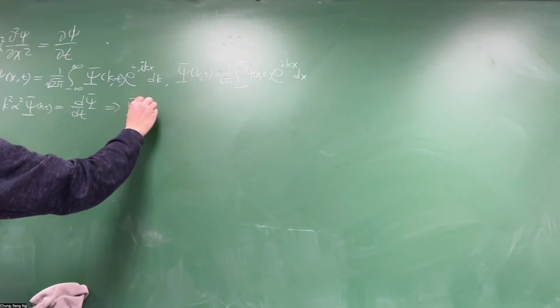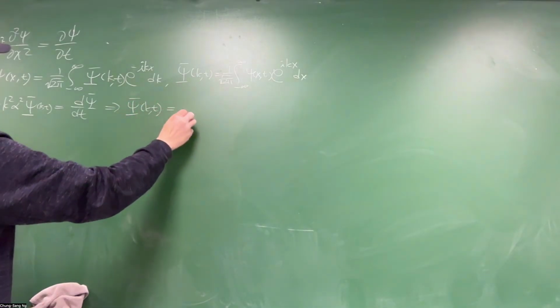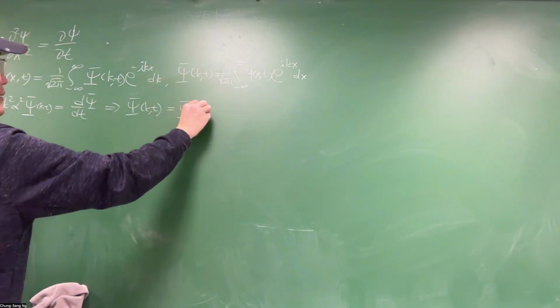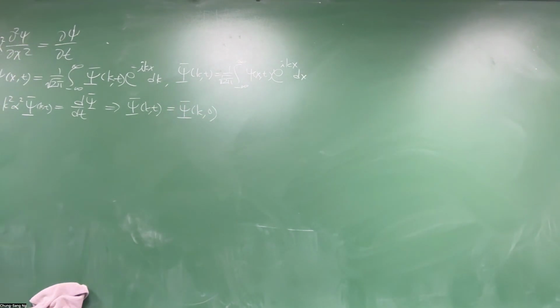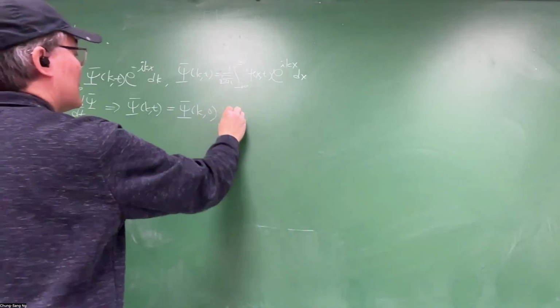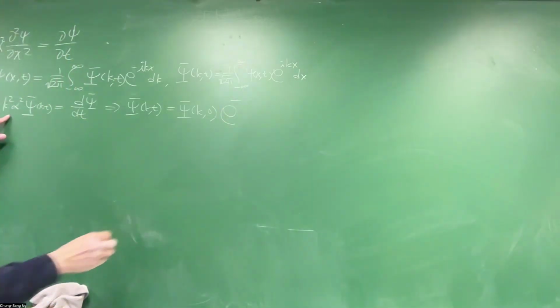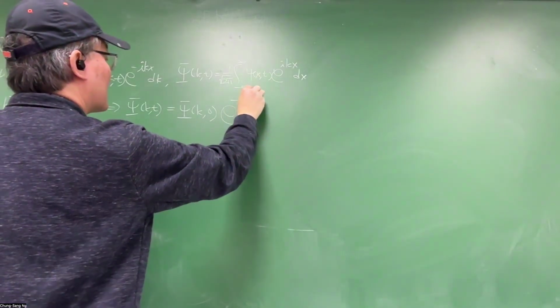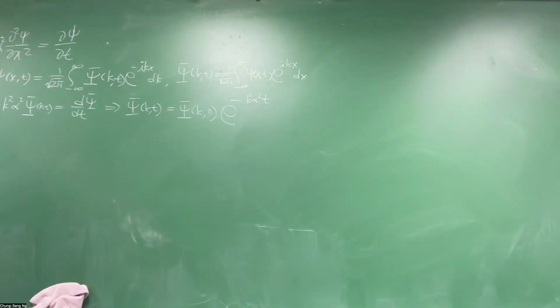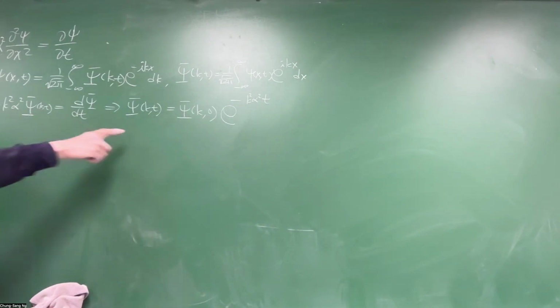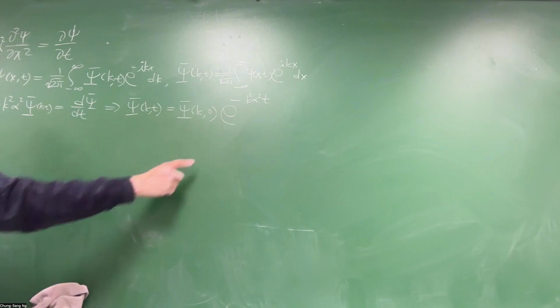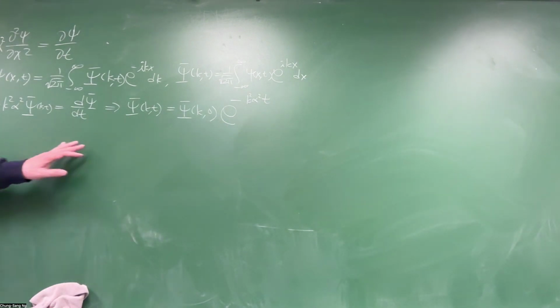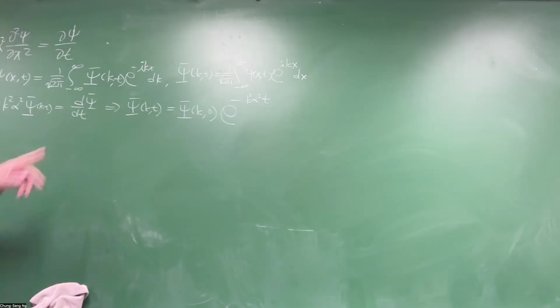The solution is just an exponential function, with the coefficient at t equals 0, and the rest is the decay rate. Because you substitute this into this, you recover this. Obviously, because this is just an exponential function. Everyone see that? This is the solution of this differential equation.